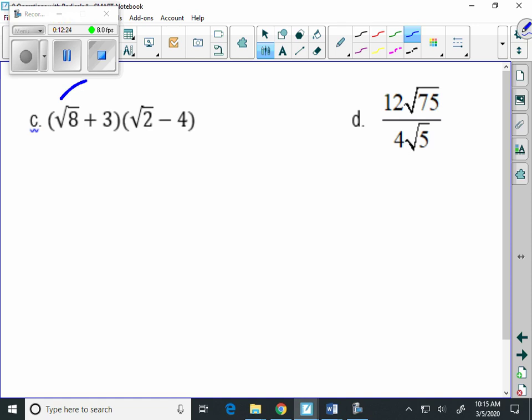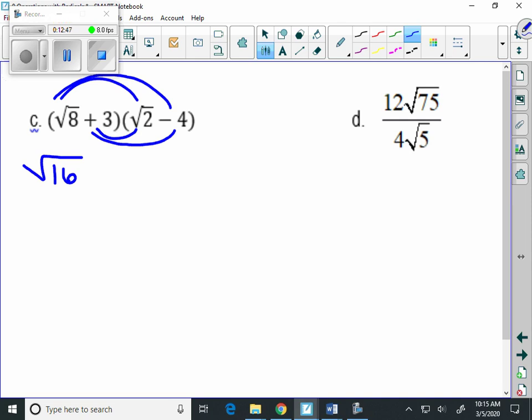In other words, we're going to take the square root of 8, we're going to multiply it by these 2 terms, and then we're going to take 3 and multiply it by both those terms. When we multiply, square root of 8 times square root of 2 times square root of 16. Square root of 8 times 4.